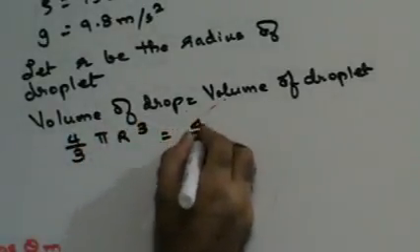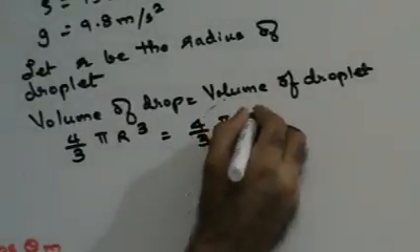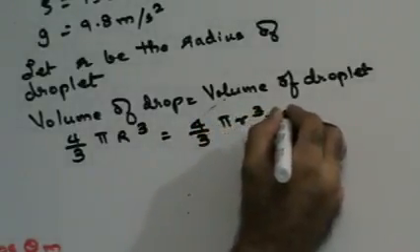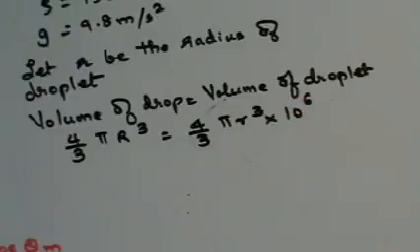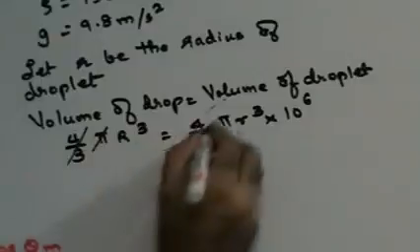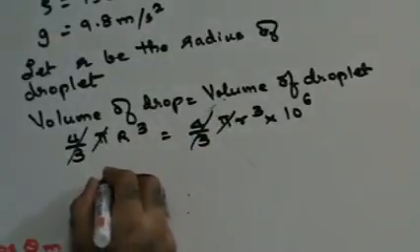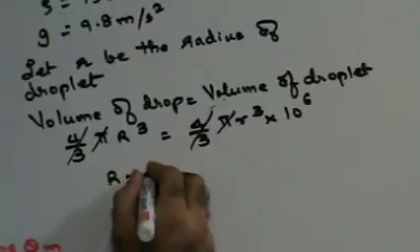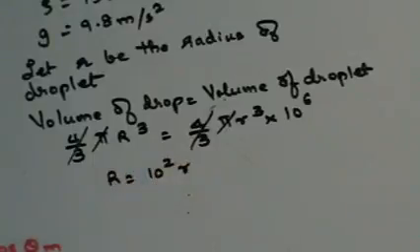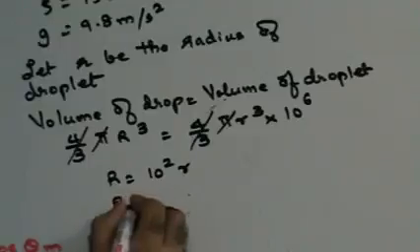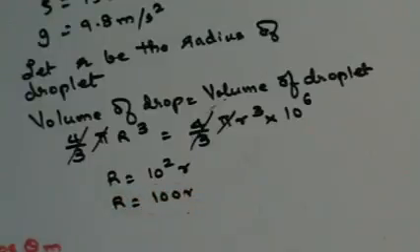Volume of droplet is 4/3 pi r cube. Now it breaks into a million droplets, that's 10 raised to 6. So 4/3 pi gets cancelled. Taking cube root, r is equal to 100r. Next let's find the increase in surface area.